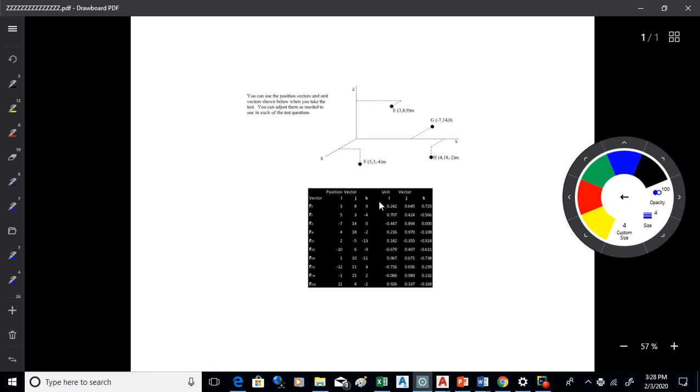All right, I can't overcome that when I pull something out of AutoCAD, but what I have here is a spreadsheet set up where I have the vector, and I just call out whatever the vector is. Then I have the position vector, and then I have the unit vector.